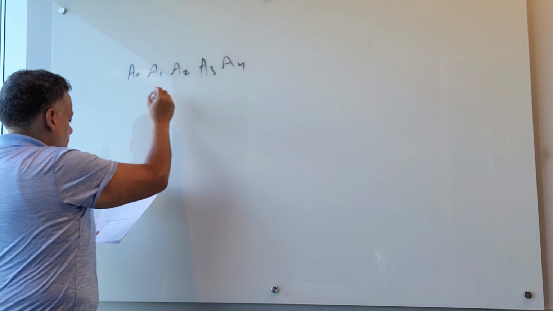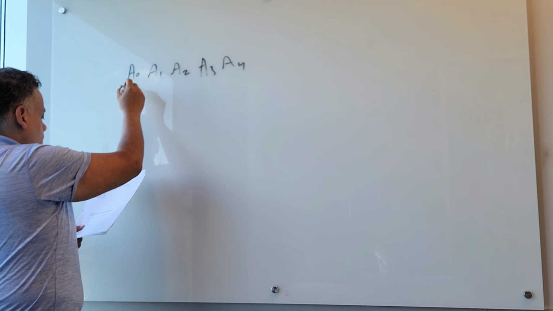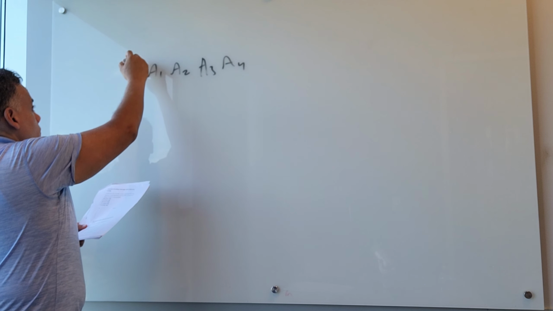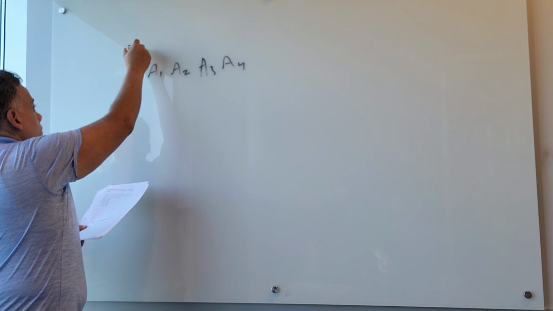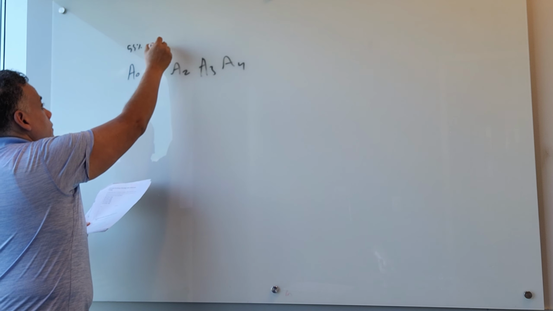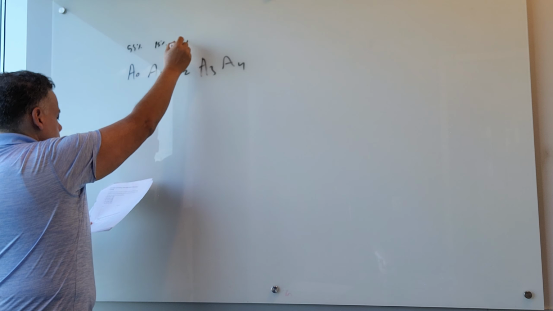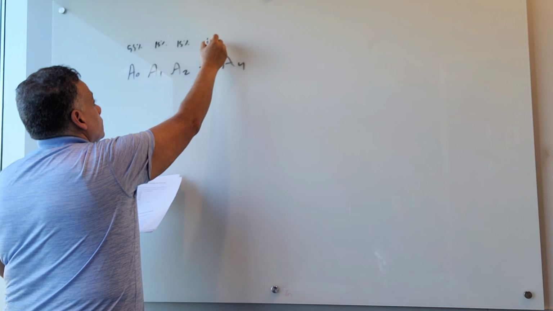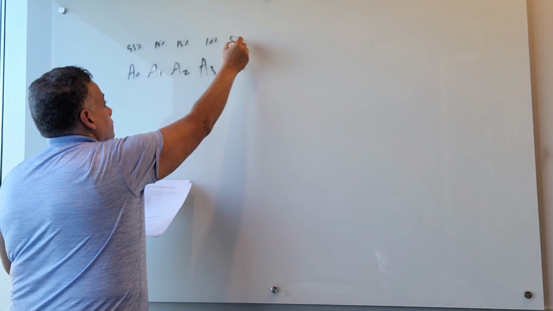And they're given the following probabilities: A0 55%, A1 15%, A2 15%, A3 10%, A4 5%.